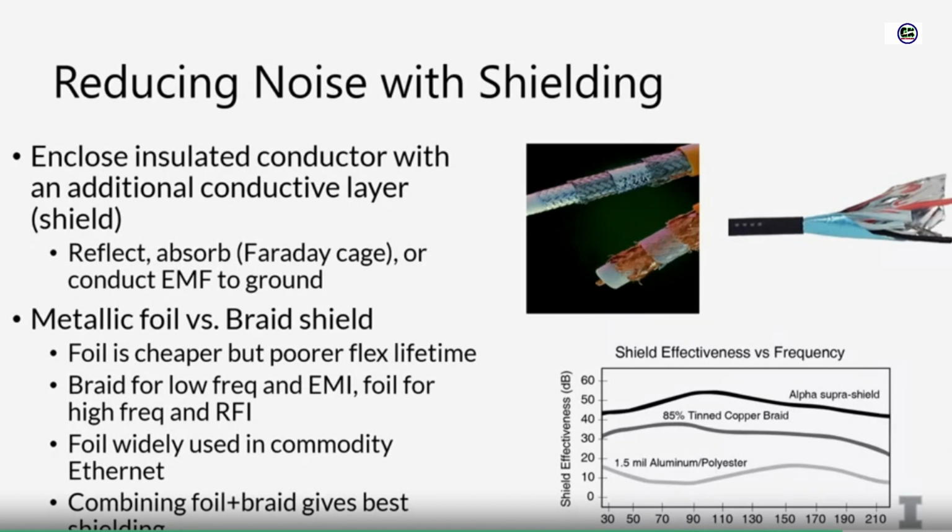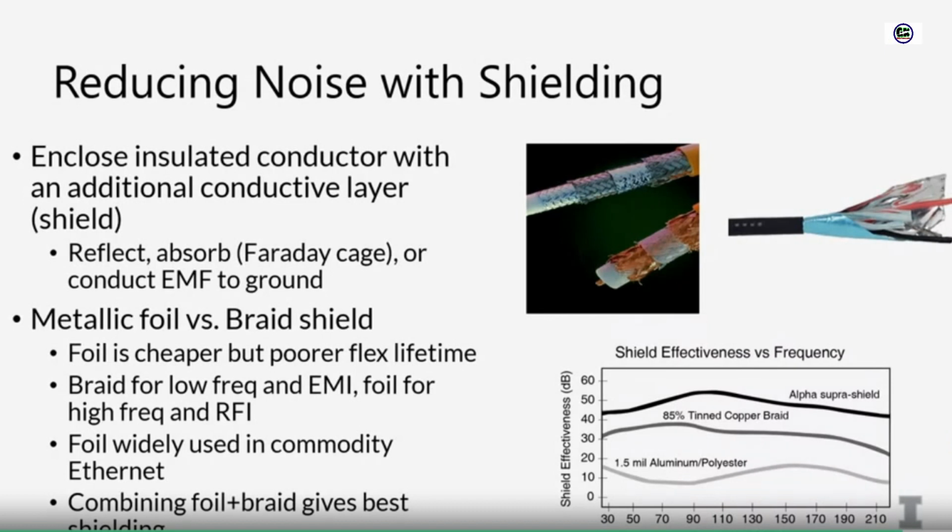So if you have something that flexes a lot, you want braiding. Another trade-off is that braiding is good for low frequency, whereas foil is good for high frequencies. So if you're deploying something like Ethernet or some sort of really high bandwidth communication, you want to use foil because you're dealing with really high frequencies, whereas braiding works better for low frequencies. So foil is widely used for commodity Ethernet.